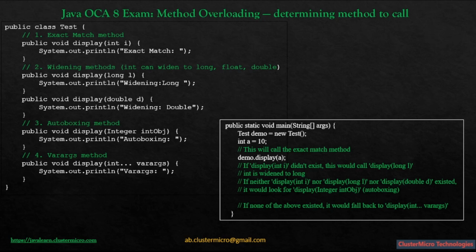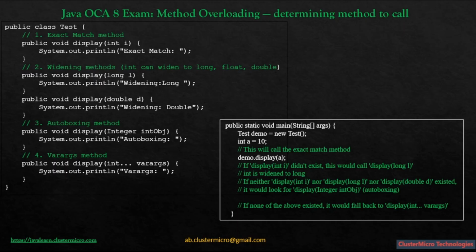And then in step 2, widening, if an exact match does not exist. If display(int) did not exist, Java would not give up. It would try widening, promoting the int to a larger compatible type. So int can widen to long, float, or double automatically without any data loss.